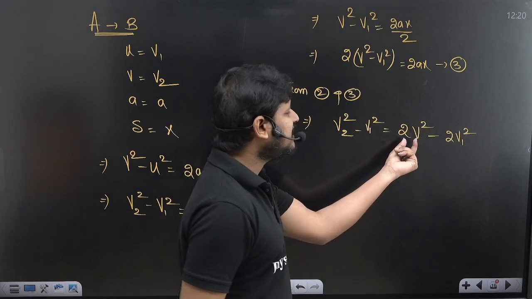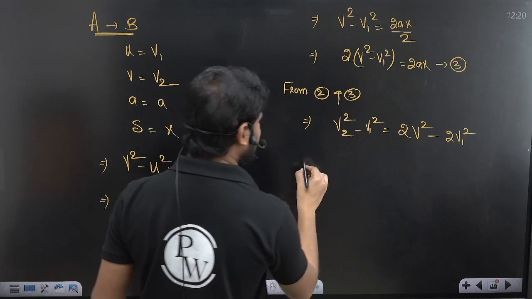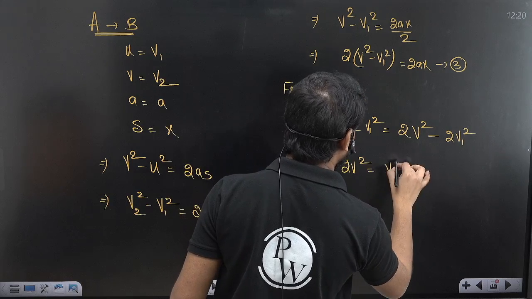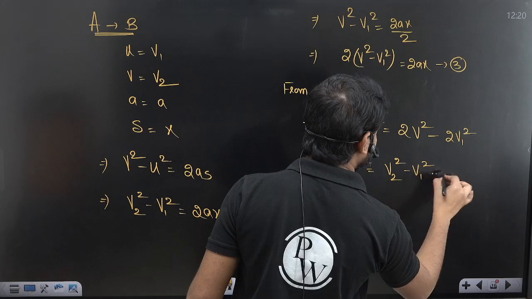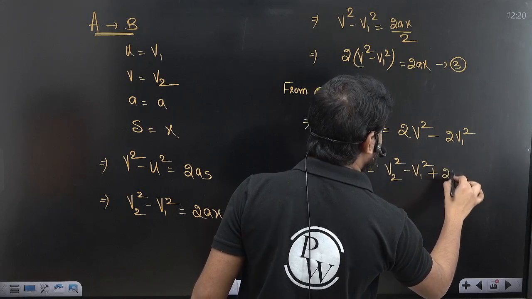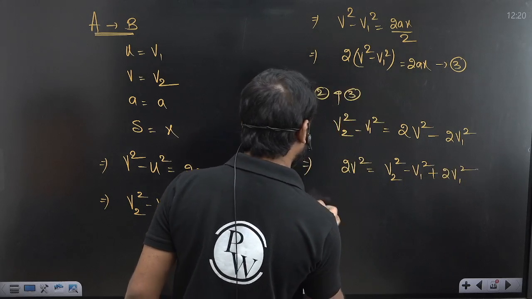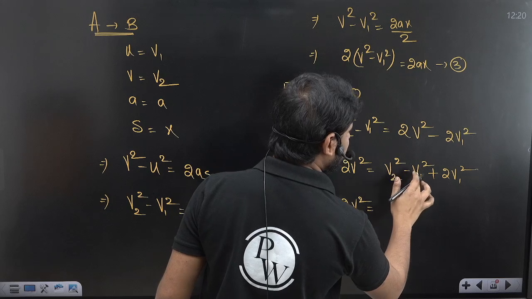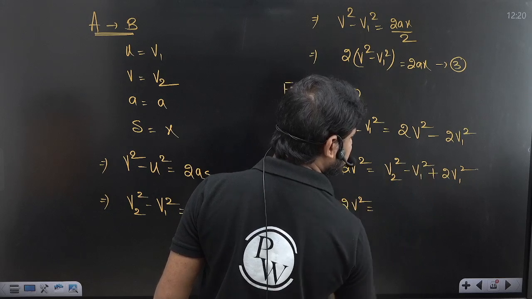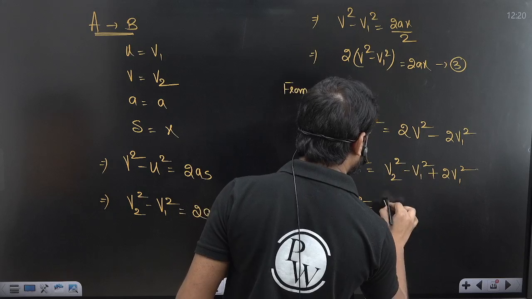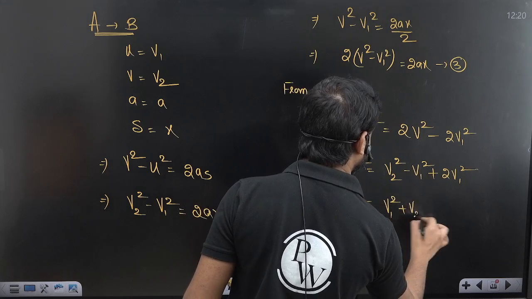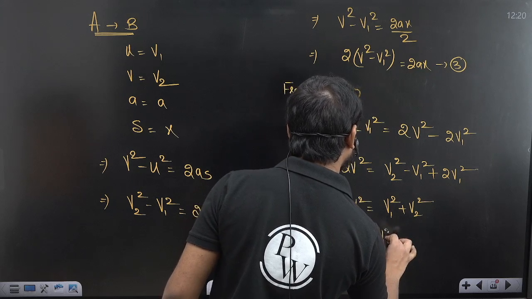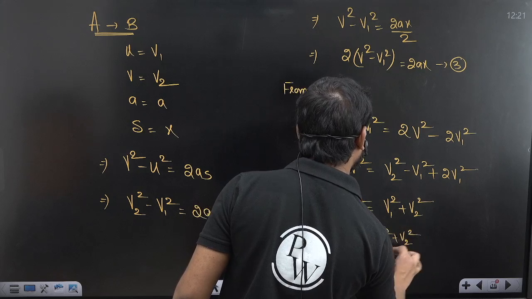What we need is v, so send everything else to the other side. 2v square is equal to v2 square minus v1 square plus 2v1 square, which is v1 square plus v2 square. So v square is equal to v1 square plus v2 square by 2.